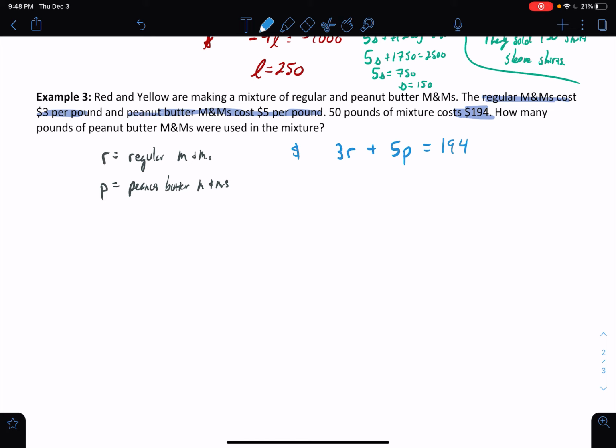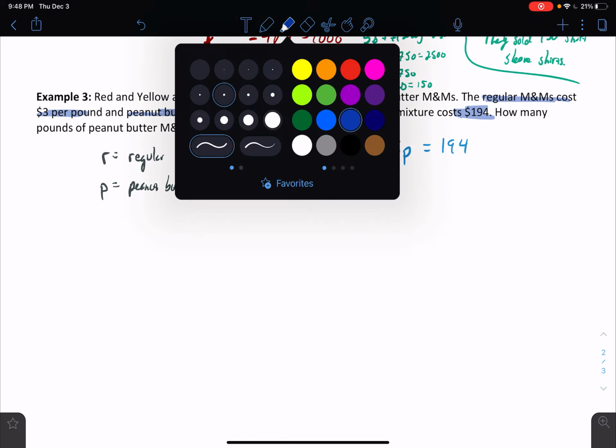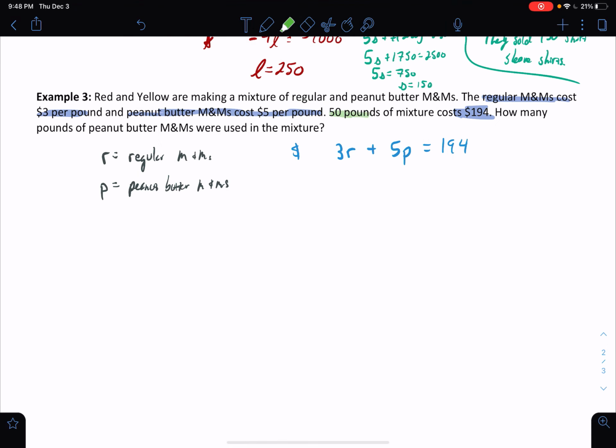So the only number we haven't used is this 50 pounds. Okay? So 50 pounds is a total of the mixture. So let's set up an equation dealing with just what this mixture is. All right? The total mixture is 50 pounds.